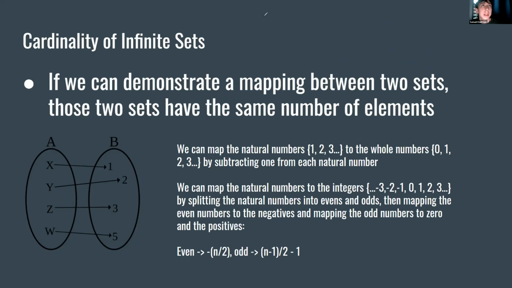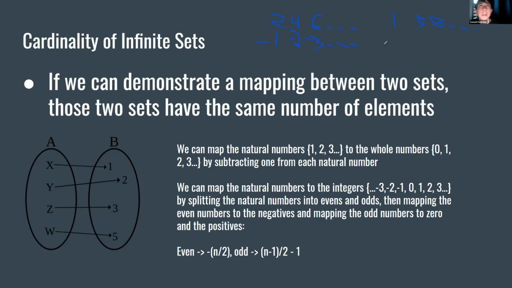So we'll put the evens over here, 2, 4, 6, and so on. And then we'll have 1, 3, 5, and so on. And then we can map the evens to the negative integers: -1, -2, -3, and so on.